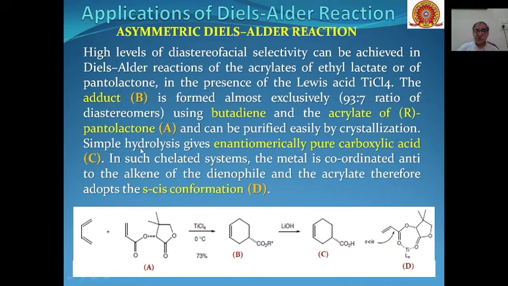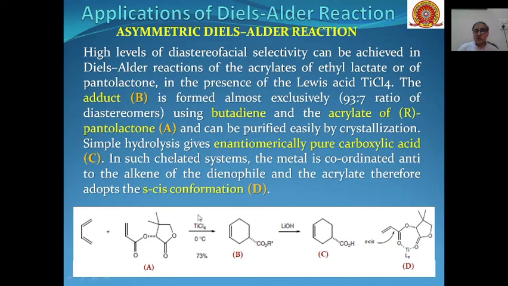Now, in this case, the adduct B, this one, is formed from the reaction of this dienophile with 1,3-butadiene. So butadiene reacts with acrylates of R-pantolactone acting as a dienophile, and this will lead to the formation of an asymmetric adduct.